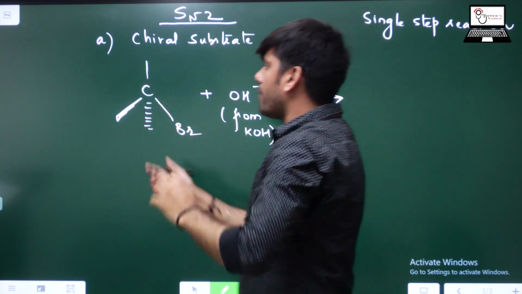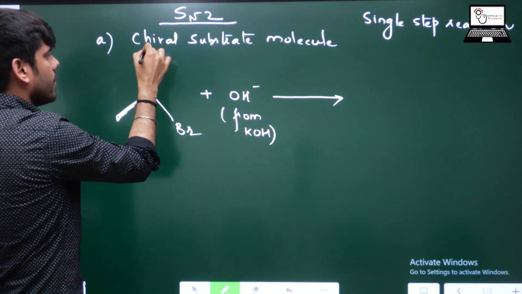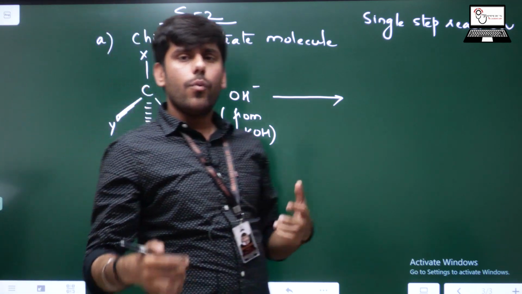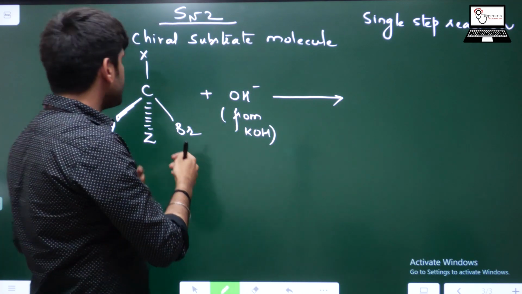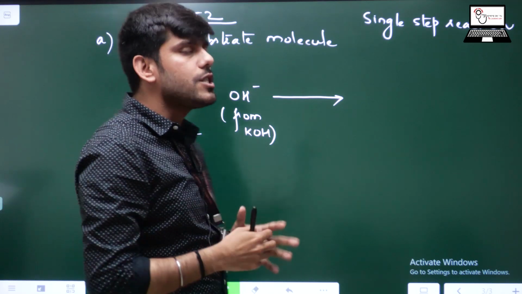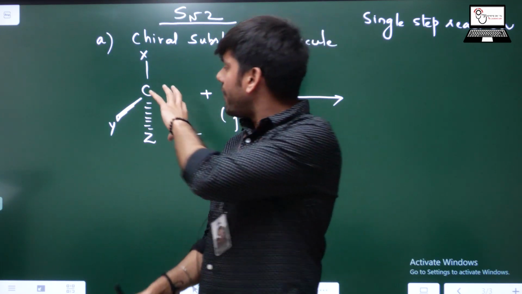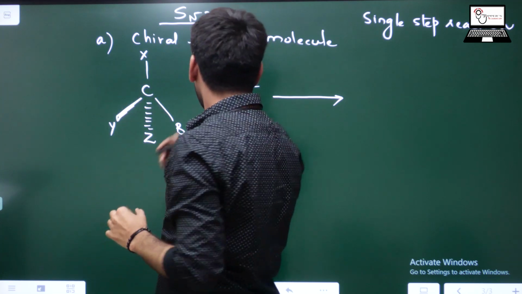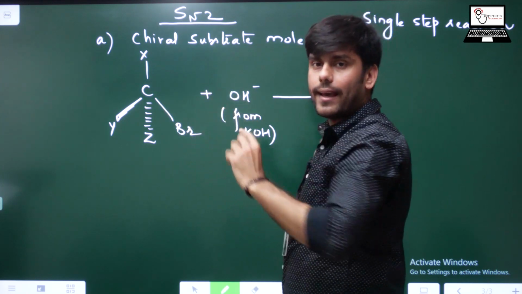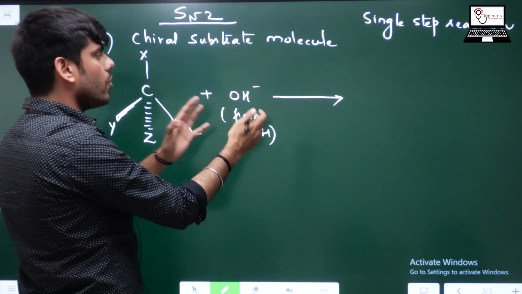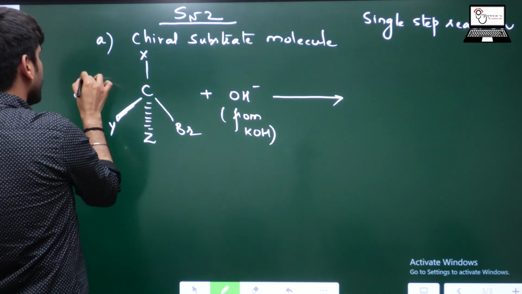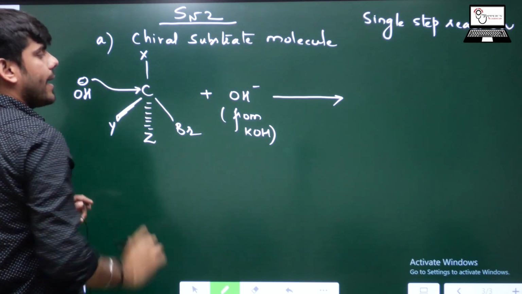If I have smaller groups here like X, Y and Z, and a 1 degree carbon, meaning the carbon attached to this bromine is attached to just one carbon, then it is sterically not hindered. This OH minus tends to attack the substrate molecule from the back side. This incoming nucleophile attacks from the back side.